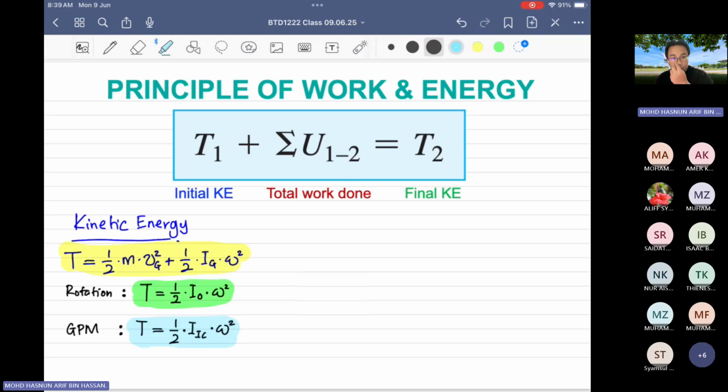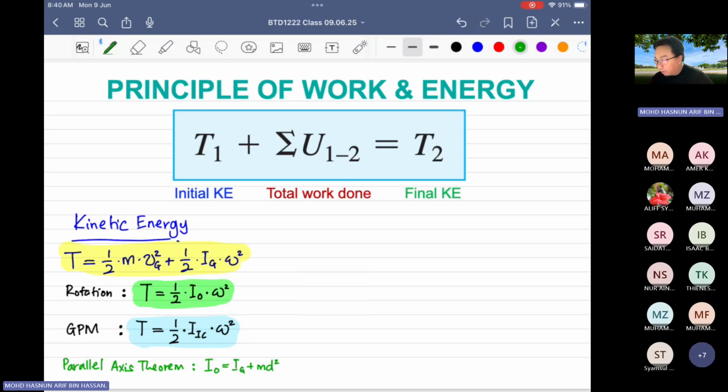And of course, when you want to calculate the mass moment of inertia about other points, other than the center of gravity, then you have to use the parallel axis theorem, which is IO, for example, equal to Ig plus MD square. So these are all you need to know for kinetic energy.